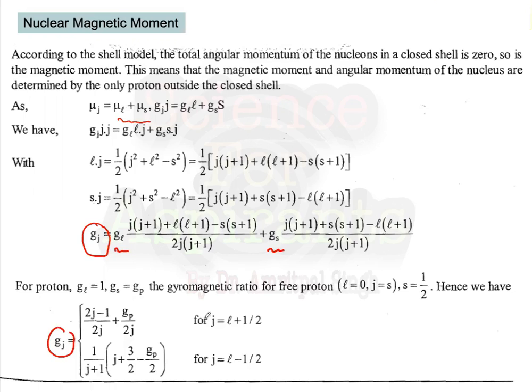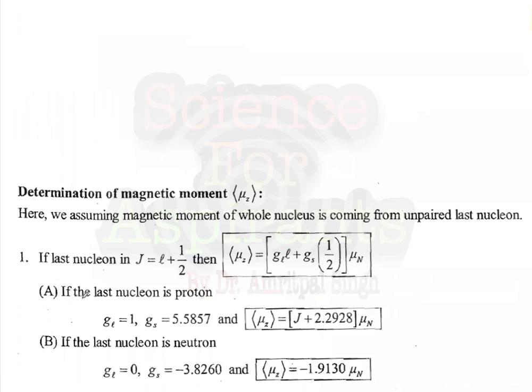This is different for protons and different for neutrons, and basically it is dependent upon the last unpaired neutron or proton which is present outside the closed shell. You can see from this slide the values of g for protons, and once we find the gyromagnetic ratio, from that we can find the total magnetic moment.